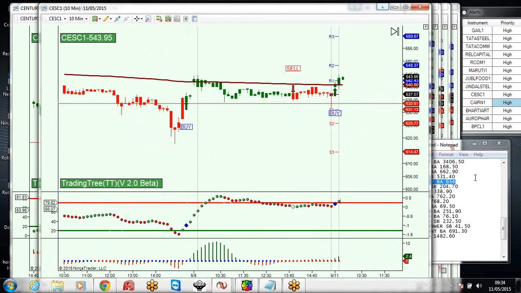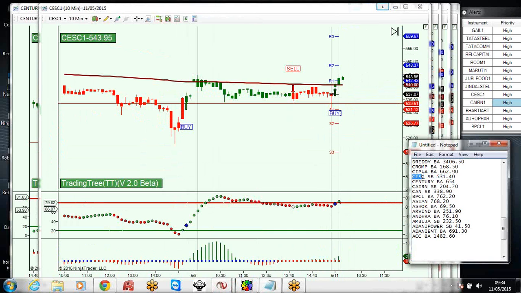CSC, we have this buy call. We have put a sell below this level. We have this buy, it's moving up.